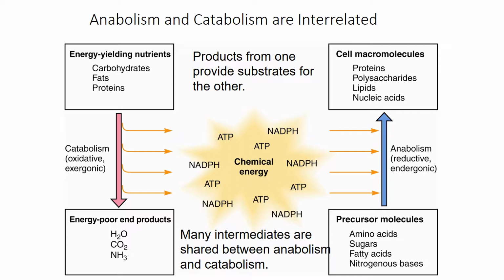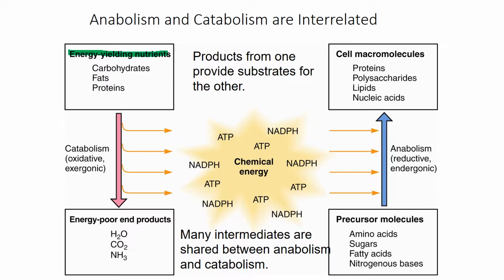So here is a figure that shows the interrelationship between catabolic processes and anabolic processes. On the left, we are looking at catabolism, or those energy-yielding nutrients: carbohydrates, fats, and proteins.